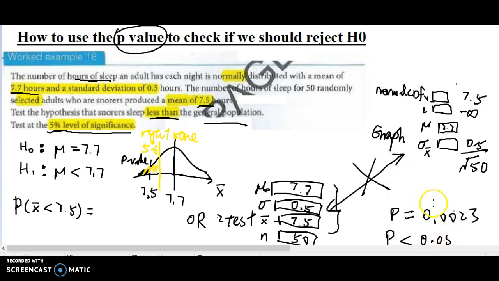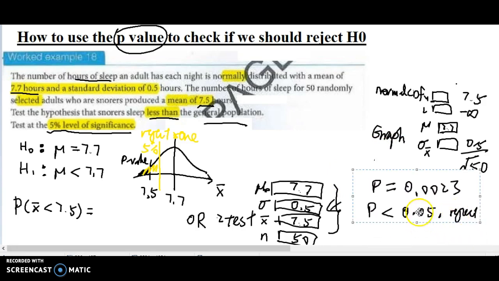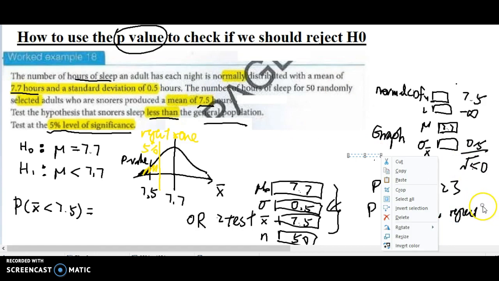It means it's in the rejection zone. We have to reject the null hypothesis. So I have to reject H0.